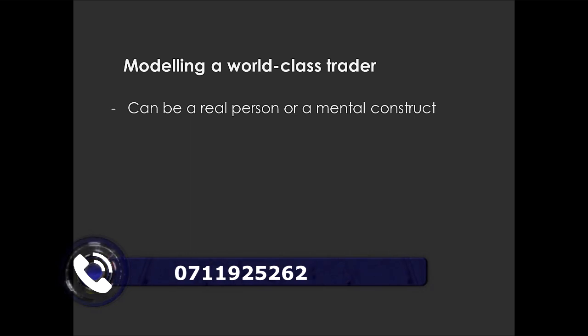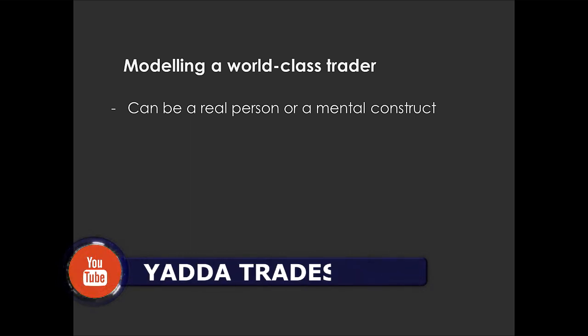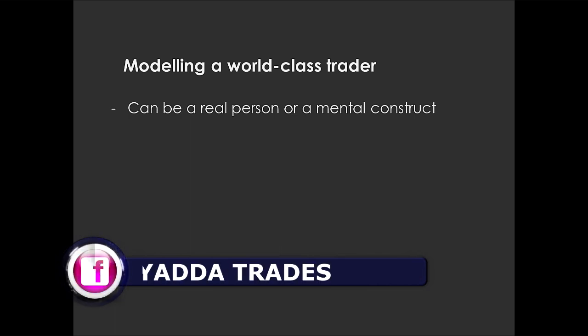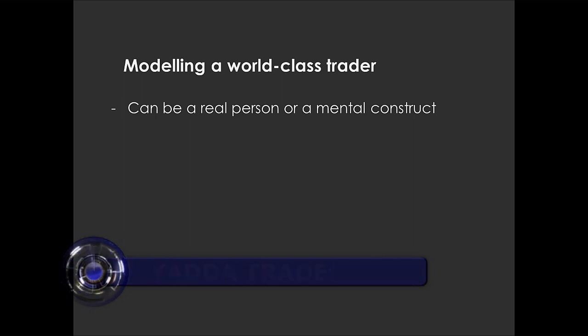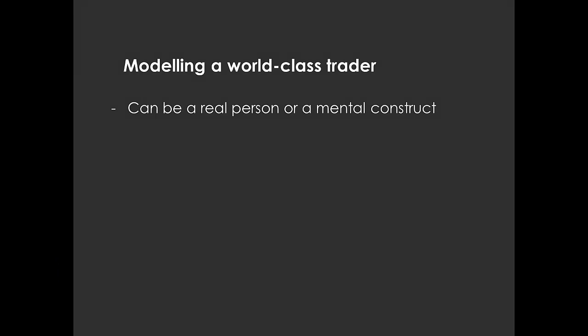So when I'd be trading, I would think, how would Paul Tudor Jones trade right now? And even though I didn't really know him, I would just assume certain things based on how I actually wanted to trade. You see, there's no rule saying that it has to be that person. You can just imagine them if they motivate you, right?